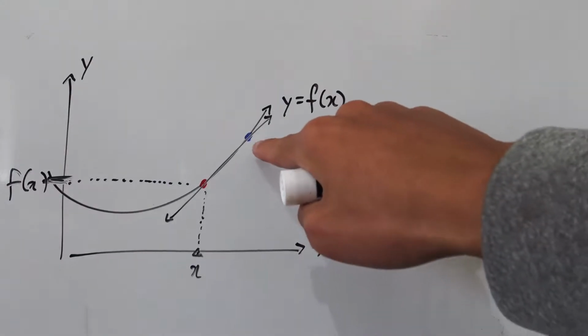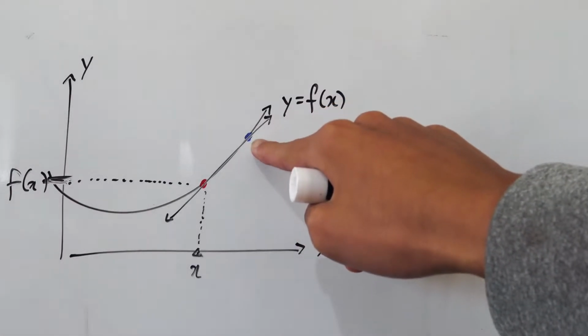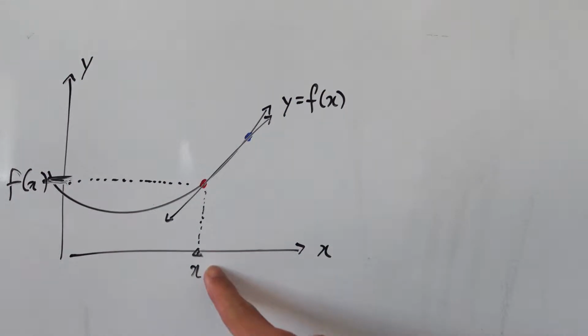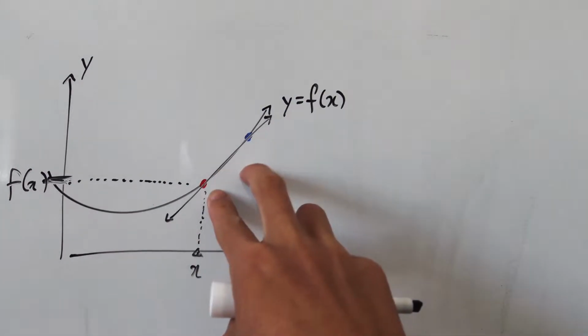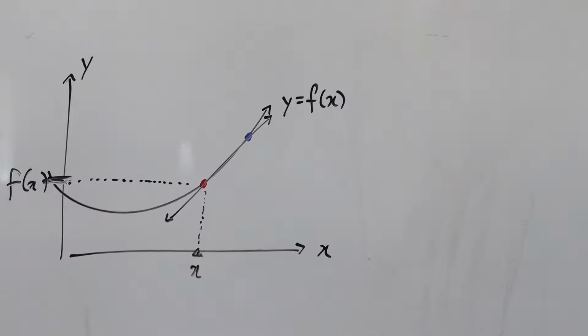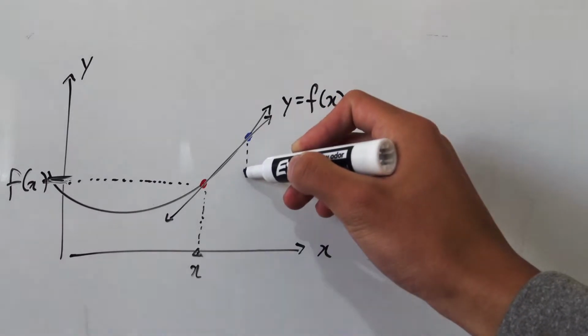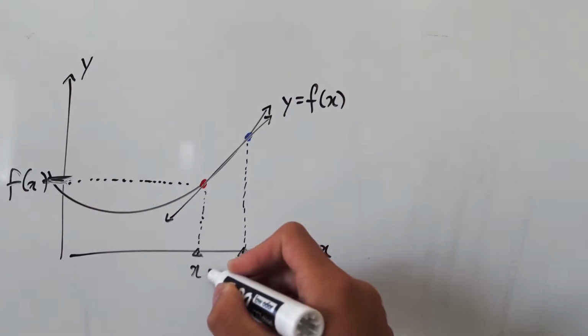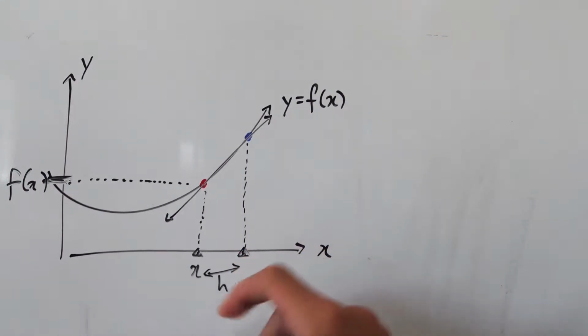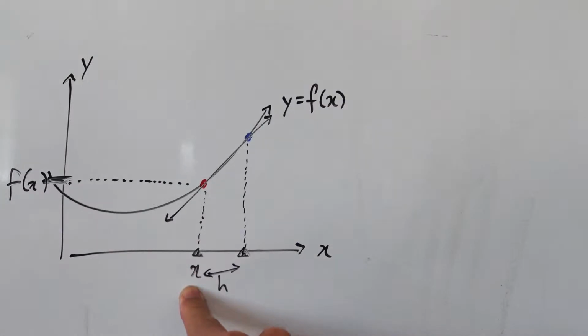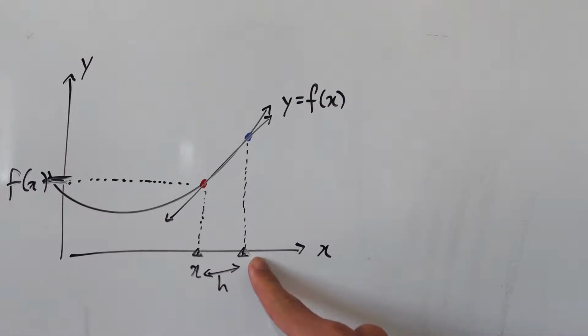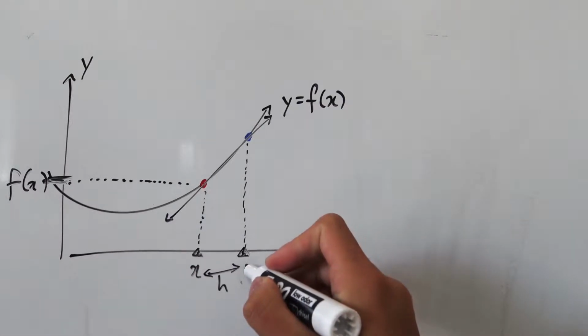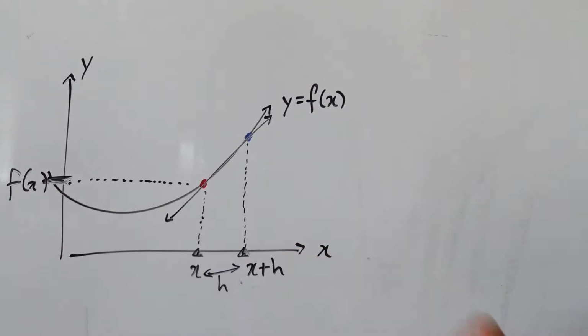And remember, our dummy point, this blue point here, will be some distance away from x. The idea is we want to shrink that distance closer and closer. So let's say the x-coordinate of this dummy point is some distance h away from our original point x. What will the x-coordinate of this new point be? It's simply x plus h.